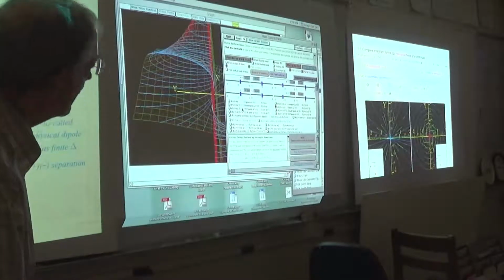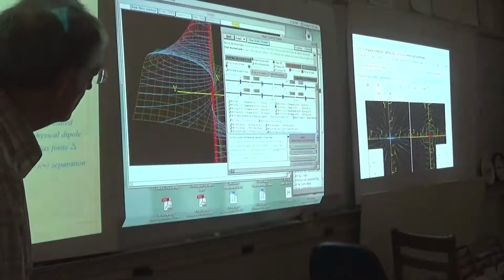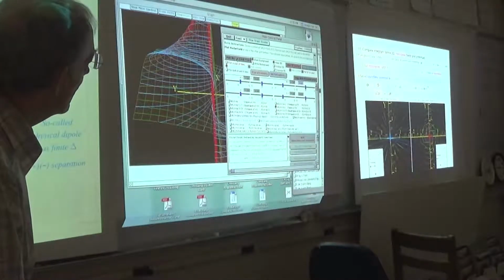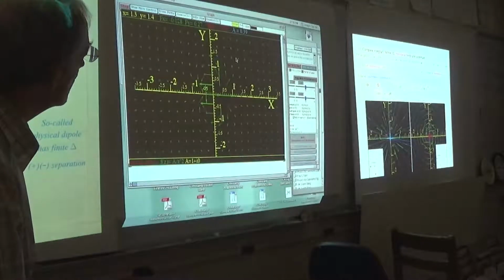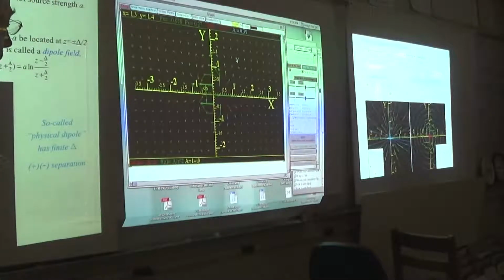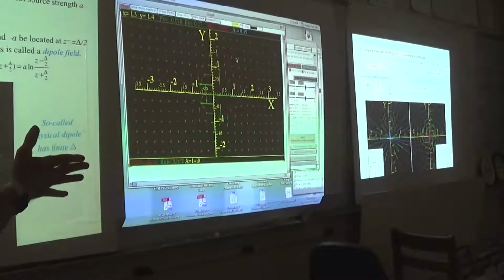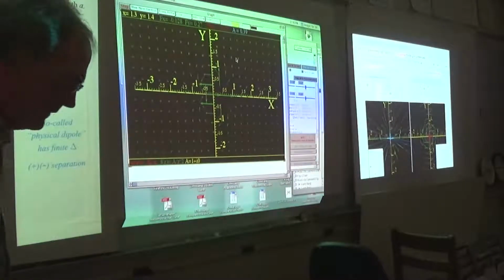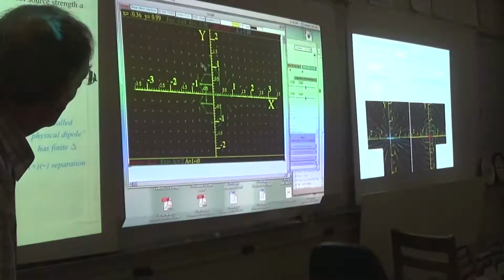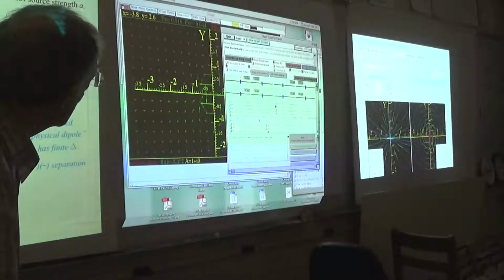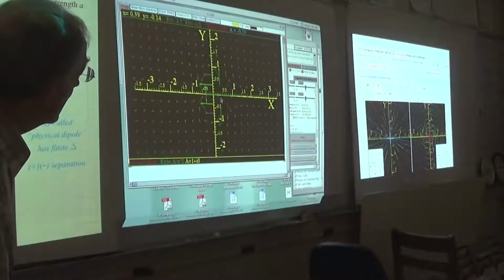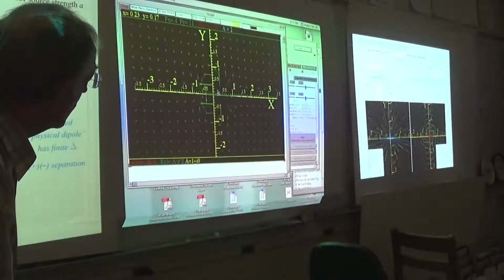So let's do that, and then the dipole will now be plotted. So now the two infinities, the pole and the hole, are right on top of each other, only an infinitesimal separation between them. We'll do the equipotentials again first and see how that looks.